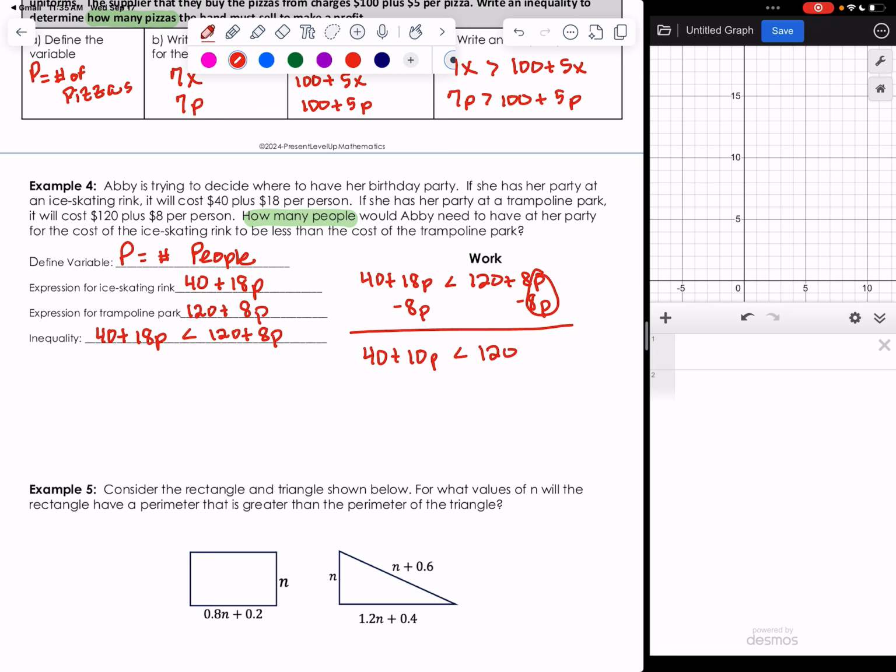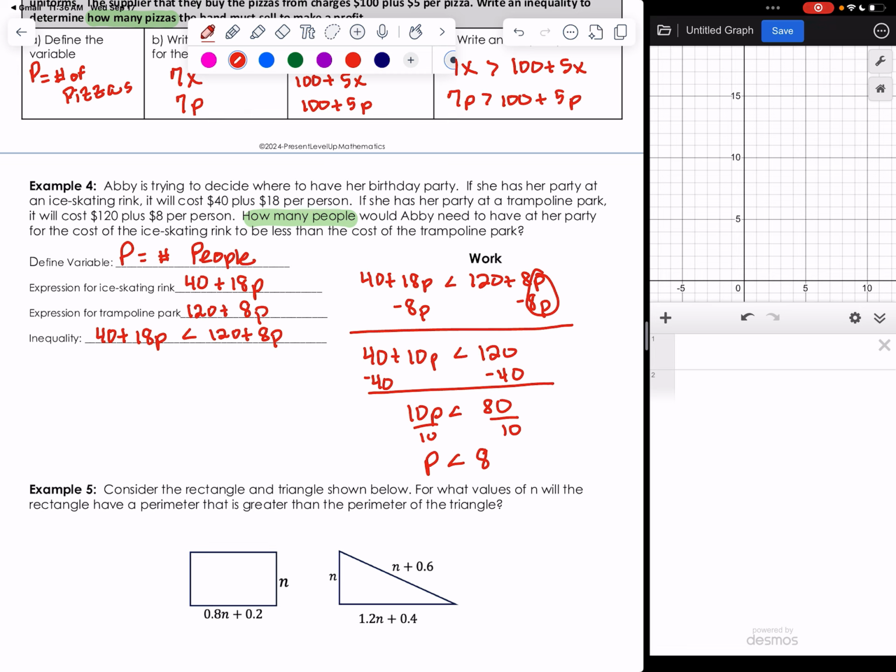All right, now we can just solve it for p. So I'm going to subtract 40 from both sides. So 10p is less than 80. And then divide both sides by 10. So the number of people has to be fewer than, or less than, 8 people. Okay.